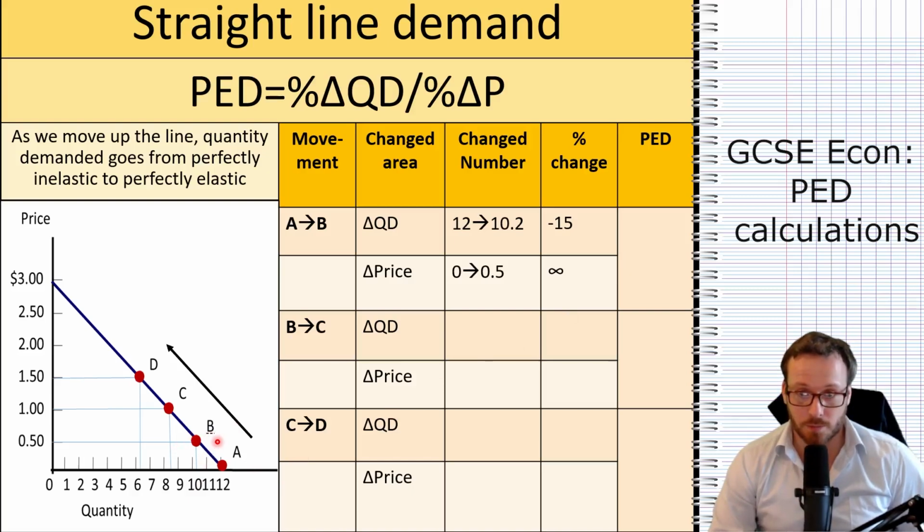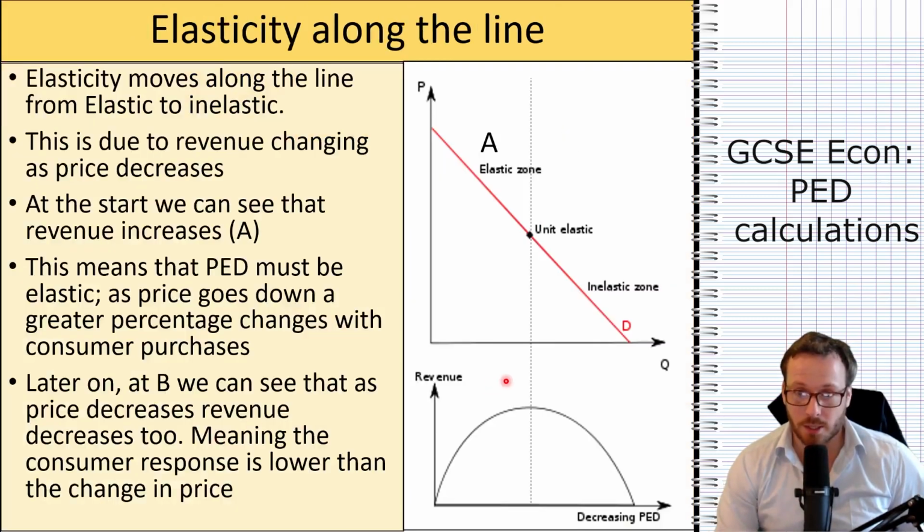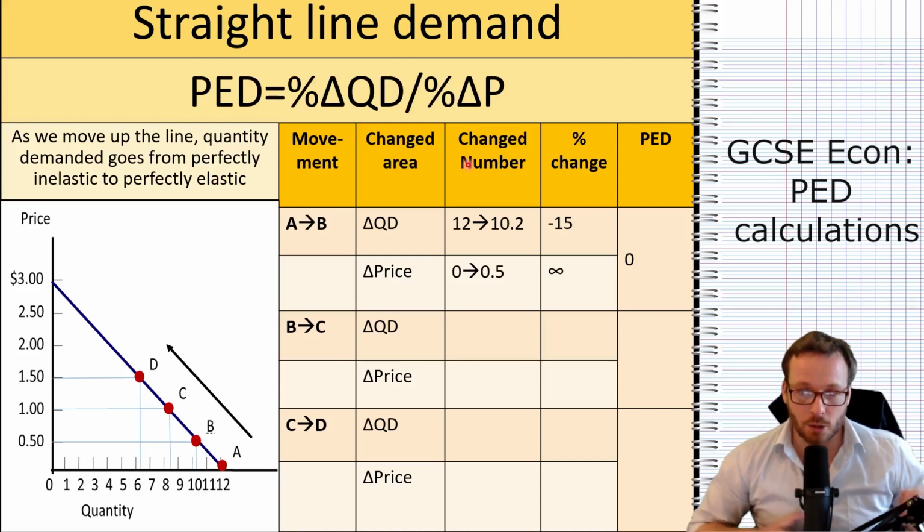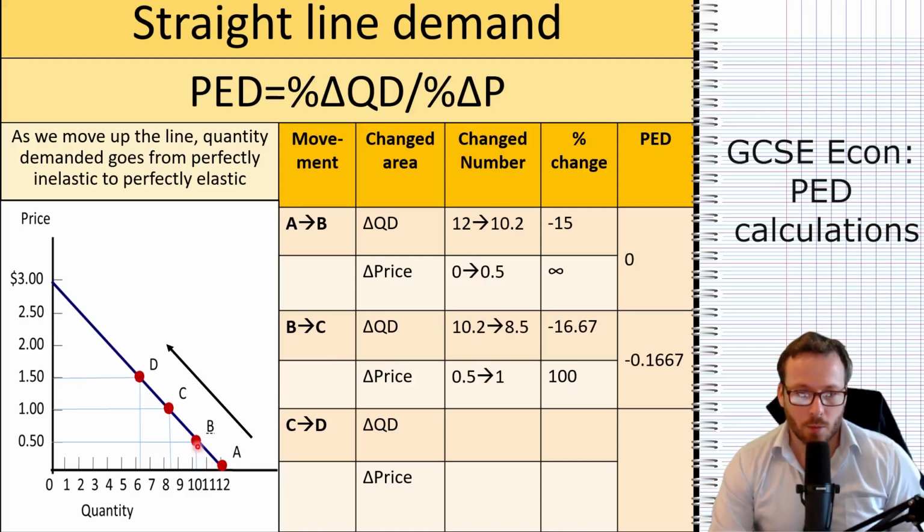And have a look. This correlates with this idea that we just looked at. Okay? So the idea is then, as we move up this line, we should become more elastic. And we can show this. So now, when we move from B to C, as shown here, our price has gone from 0.5 to 1, which is now actually a 100% increase in price. We've got some more logical and reasonable figures, right?